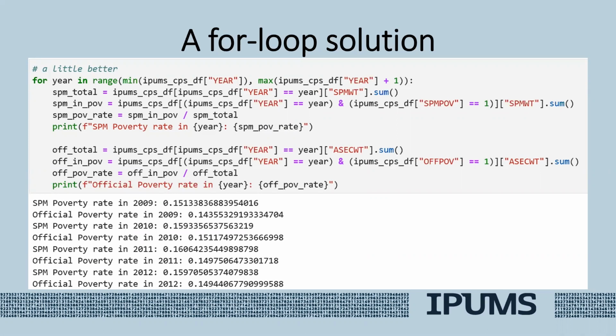You can see that this is already a huge improvement in terms of the number of lines of code that we need to accomplish our calculations. Notice also that the typo that I made on that earlier slide is not even possible in this setup because I'm only specifying year in one place up here in this for statement. So that is already a pretty nice thing, right?